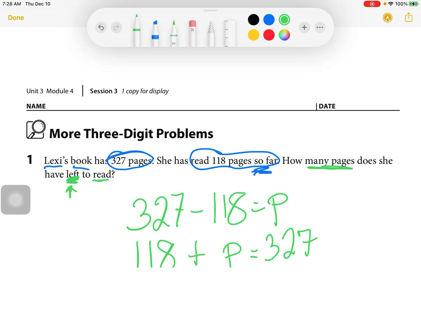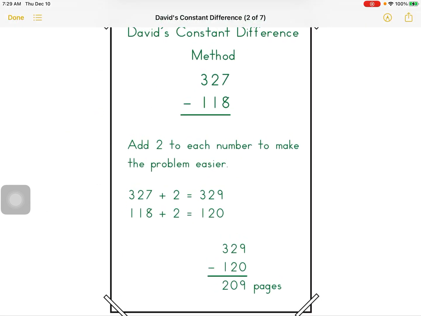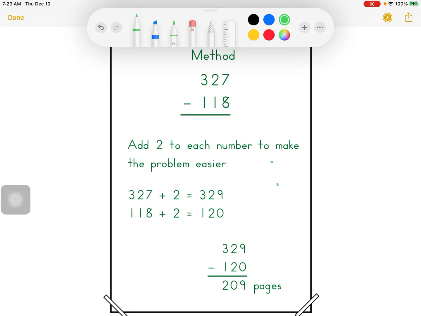Today I'm going to let you solve this problem on your own using any strategy that you know how, so pause the video and try that out. Then I'm going to go over some possible ways you may have solved either of these two equations. So pause the video and we'll take a look at some strategies. Okay, so here we are. We're back, and we're going to take a look at some possible strategies for today on that particular problem.